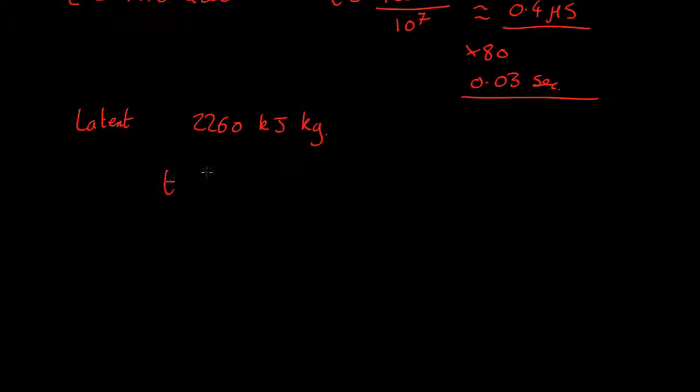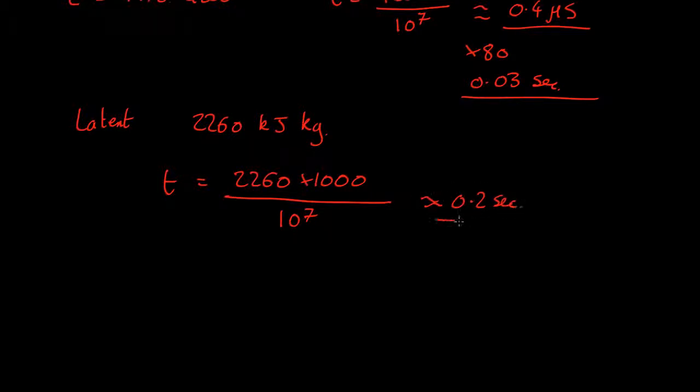So the time, once again, will be the energy we need, 2,260 kilojoules, so times 1,000 joules, divided by the power. Remember, power is energy per unit time. So we've got energy divided by energy per unit time, so that gives us something with the time, so 10 to the 7, which comes out at about 0.2 seconds.